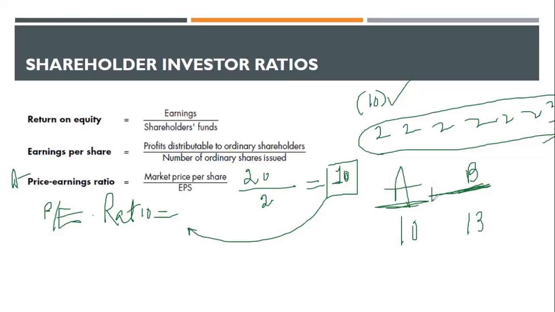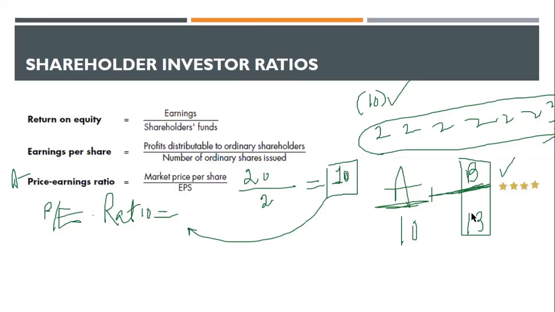Two different PE ratios, one bigger, one smaller. Share B is taking 13 years. It has higher risk. Actually, if you ask me, this is the preferred share in the market.